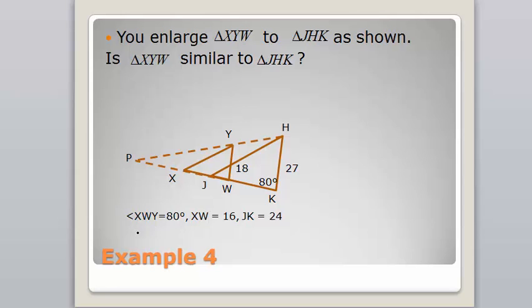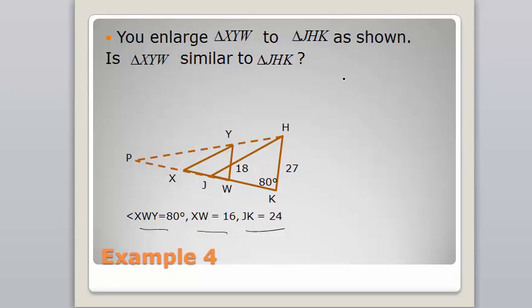Notice I had down here, because it couldn't really fit in the picture, so I had to give you some extra information. So XW is 16, JK is 24, YW is 18, HK 27, and then angle XWY is 80 degrees, angle JKH is 80 degrees.